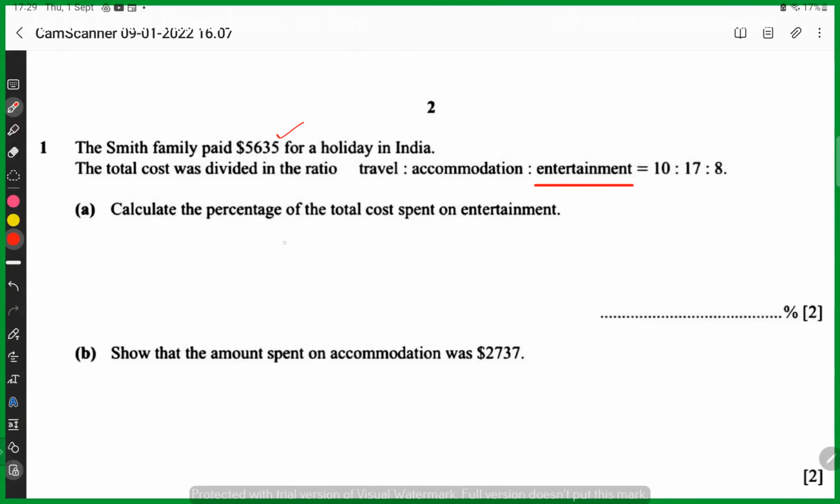This ratio is not going to help me because the amount I have is the total amount. So I need to know the ratio for total amount as well, and that is 35. So entertainment ratio total, 8 ratio 35. The amount for total is 5635 and the amount for entertainment is x.